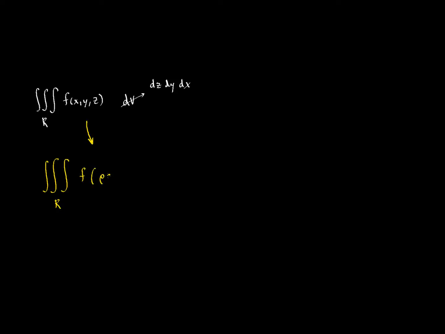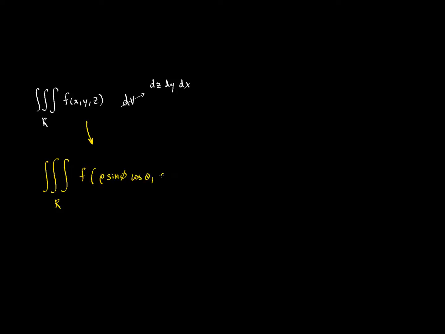So if we want to compute the triple integral of a function over a region R, of course this is in Cartesian coordinates, and you can go in any order you like, dz, dy, dx. We can convert this into spherical coordinates. So it's the same region R. In the function, instead of x, we're going to write rho sine phi cosine theta.